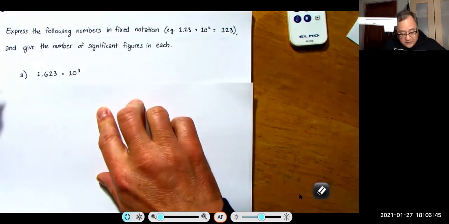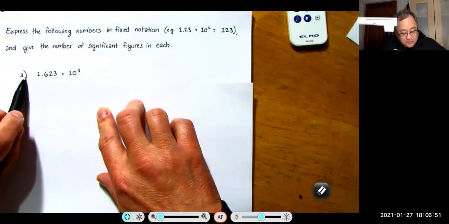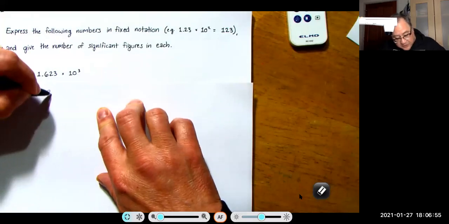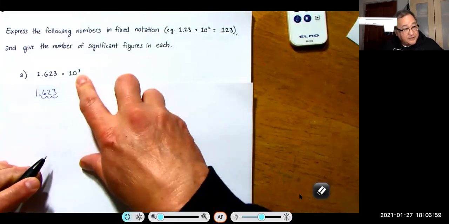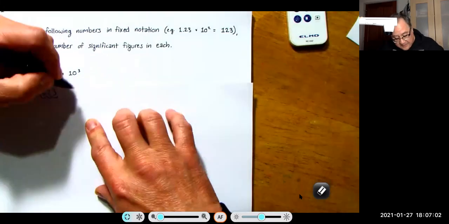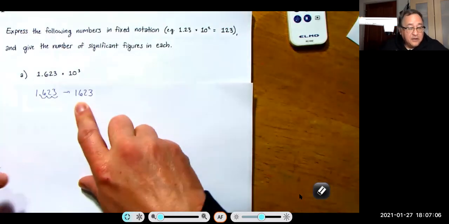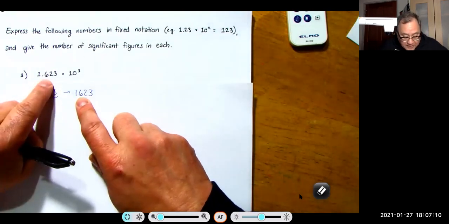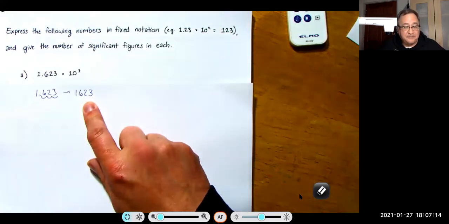I move the decimal over 3 places. If I move the decimal to the left, I'll be making this number smaller. But if I move the decimal to the right 1, 2, 3 times, because the power is 3, I will be making it larger than that number. But because we're incorporating that, this number is equal to the one right above.